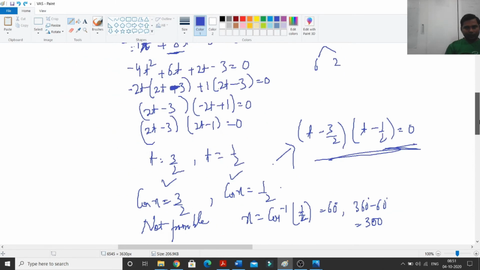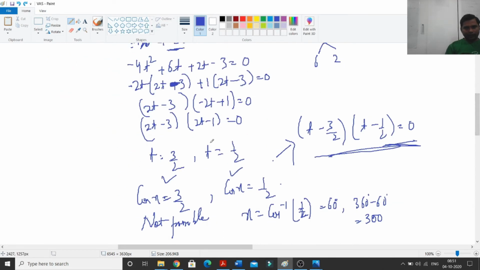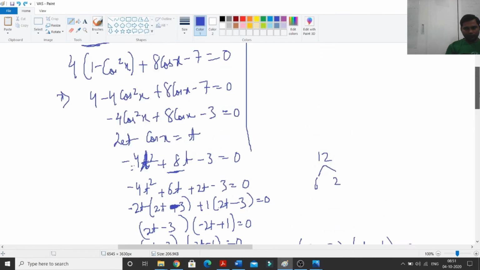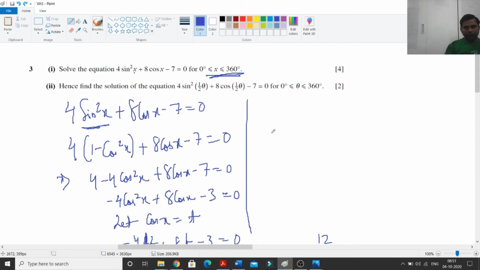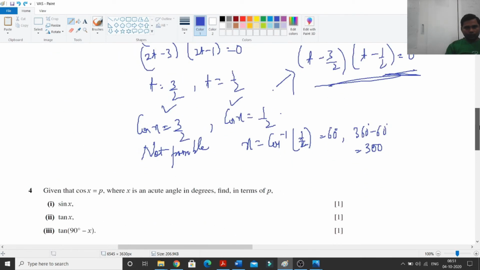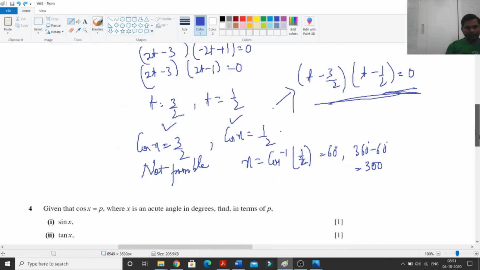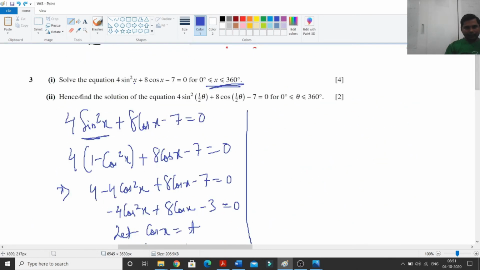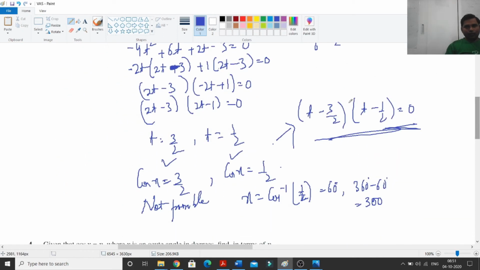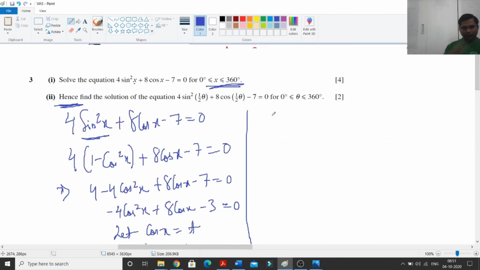So the way we got here, cos x is equal to 3 over 2 and cos x is equal to 1 over 2. At the end, see here they have used the word hence, right? So cos x is equal to 3 over 2 is not possible, so we only take cos x equal to 1 over 2.